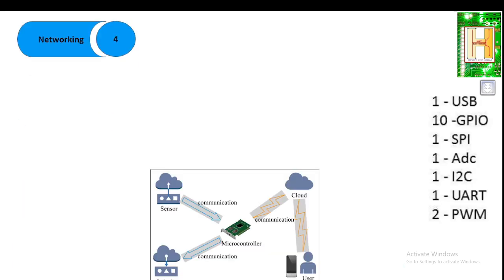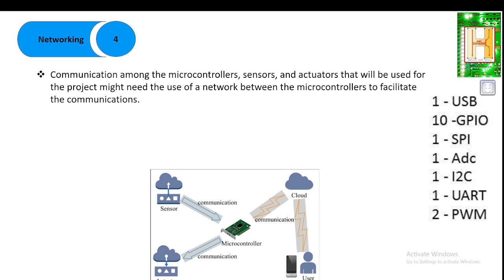The next is, as we discussed, networking. This is very important where you are going to interface different sensors and actuators, or communicate with the cloud. Which type of communication you use depends upon the networking. The communication among the microcontroller, sensors and actuators used in the project might need a network between the microcontroller and the devices.